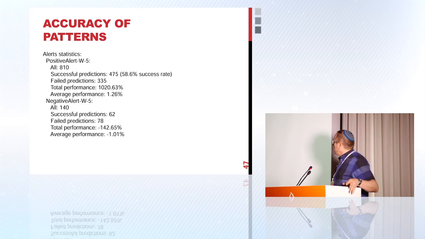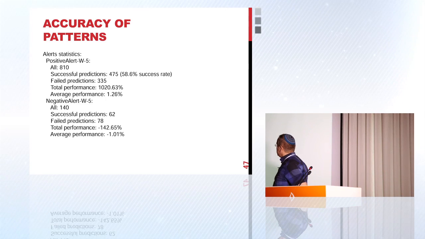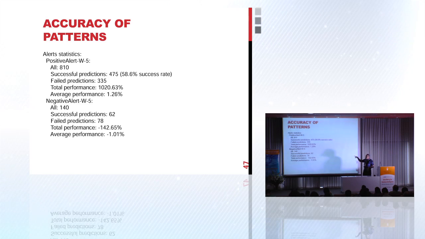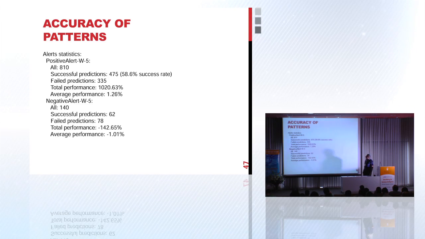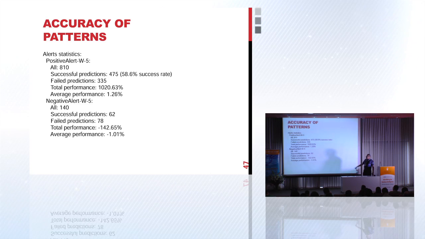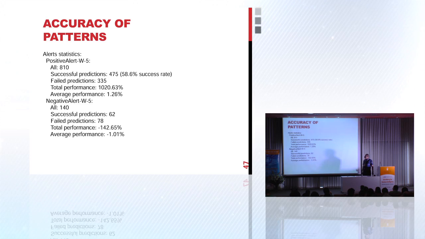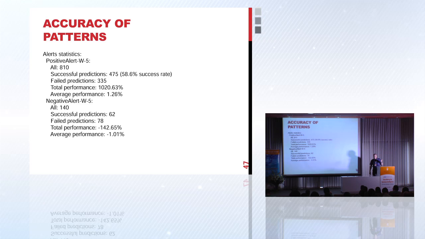Here you can see the statistics that actually changed a lot in the past week. So you can see, for instance, for the positive alerts, we got 58% success rate. But the average performance, even if we include all the failed alerts, was 1.26% per alert.